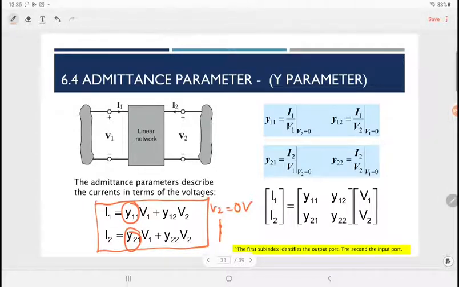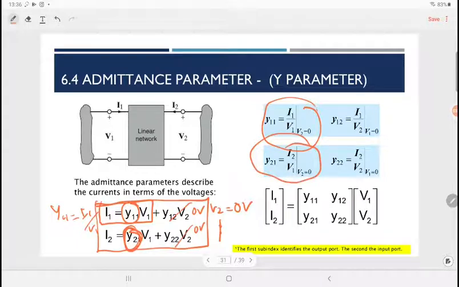So when V2 equals 0 volt, Y11 is equal to I1 divided by V1. When V2 is equal to 0, we can also find the value of Y21, which is I2 divided by V1 when your V2 is equal to 0, right?